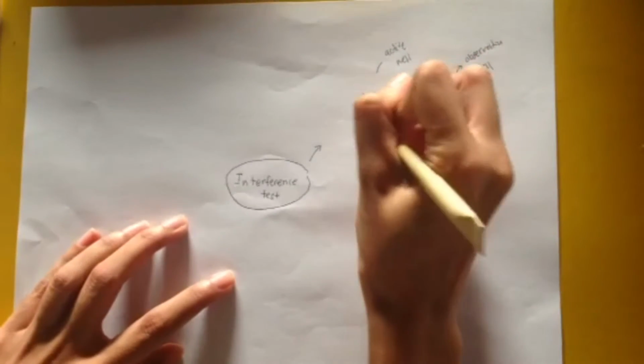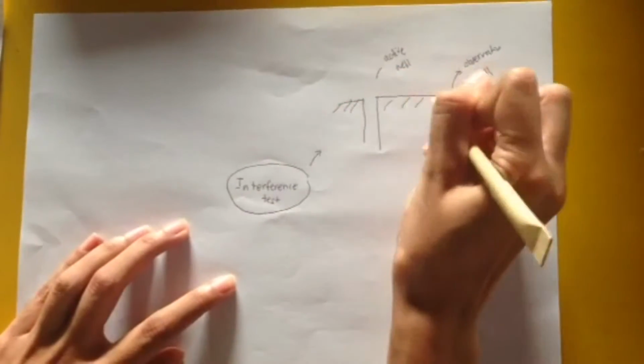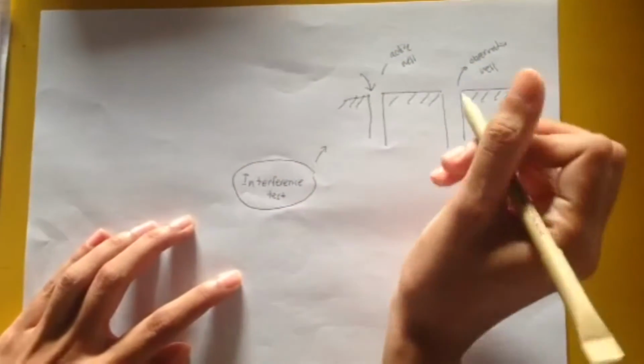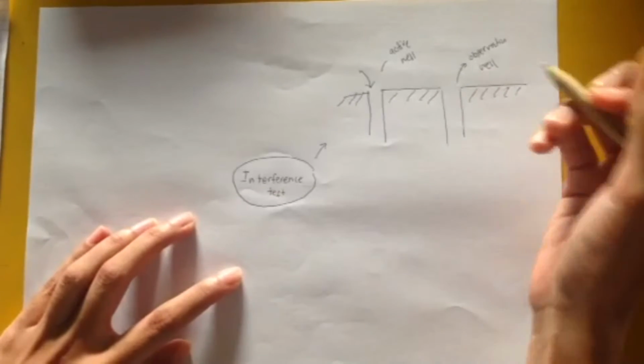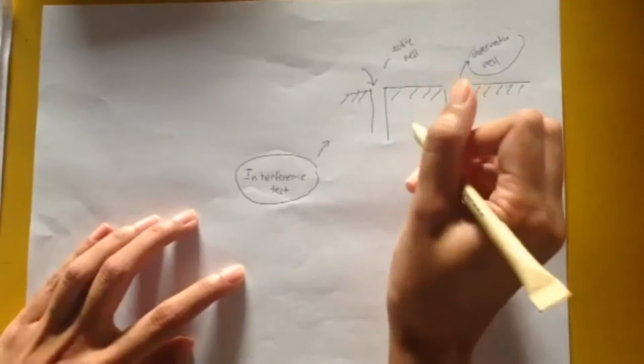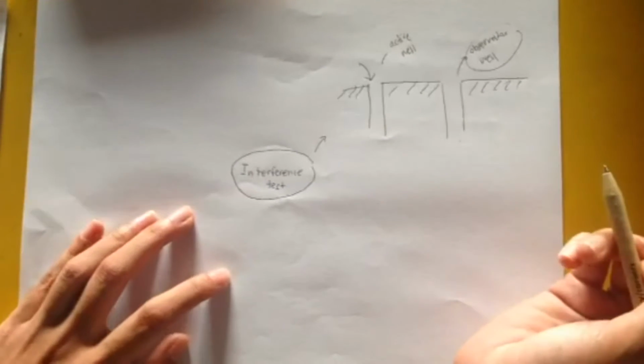What we do is inject something inside the active well, and then we see if anything happens in the observation well. We want to know whether these two wells are connected or not.